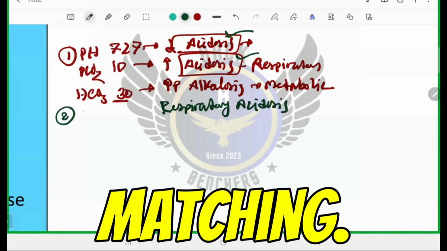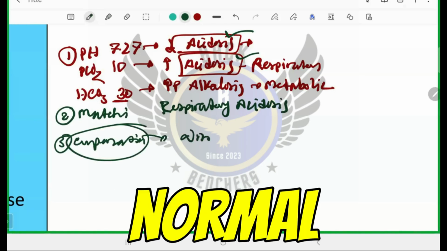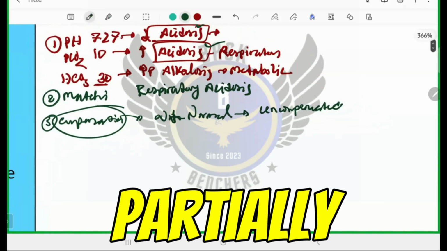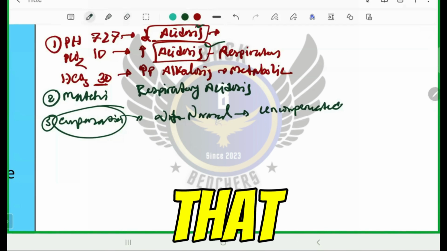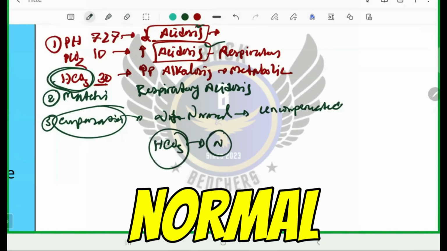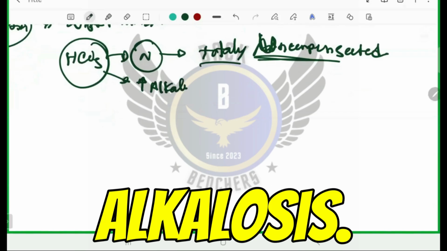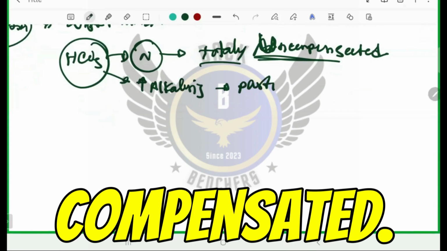Second step is matching. Third step is compensation. The pH is not normal, so this is uncompensated: either partially compensated or totally uncompensated. For that, we see bicarbonate. If HCO3 were normal, the answer would be totally uncompensated, going to alkalosis. So this will be partially compensated.